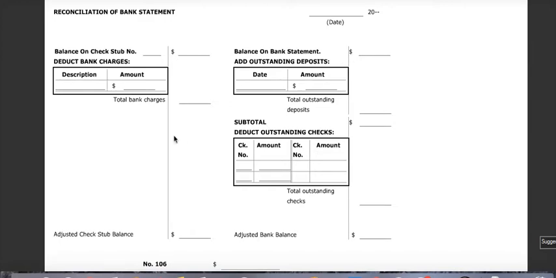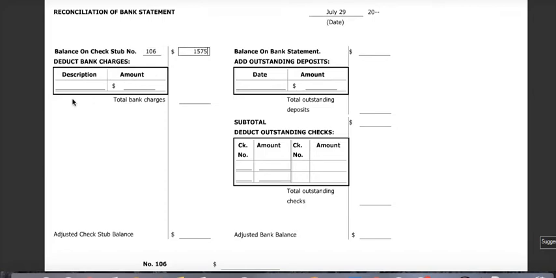All right, so first things first, we are going to prepare the statement using July 29th of the current year as our date. So our date, July 29. Our balance on check stub number 106 is given to me in my book, and it says that it was 1575.